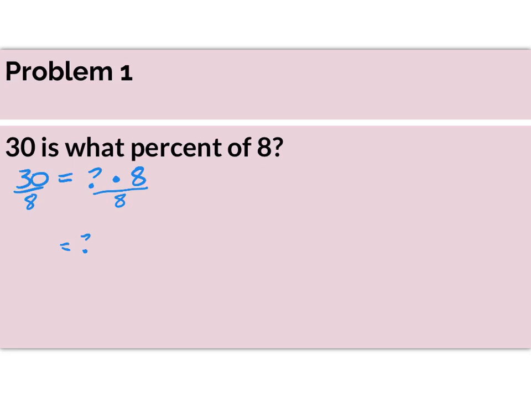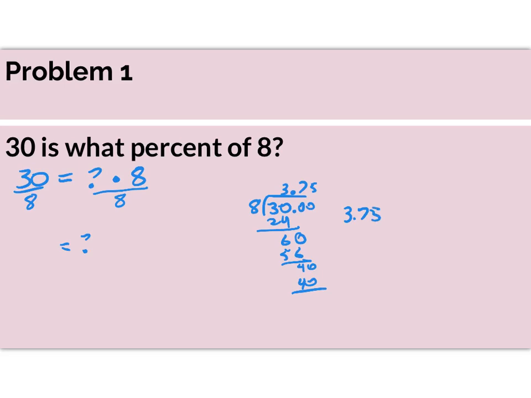Okay, so 8 goes into 30 3 times, which is 24. You get 60. 7 times 8 is 56. 4, and then 5. Okay, so now we have our answer, 3.75, but this is not a percent.